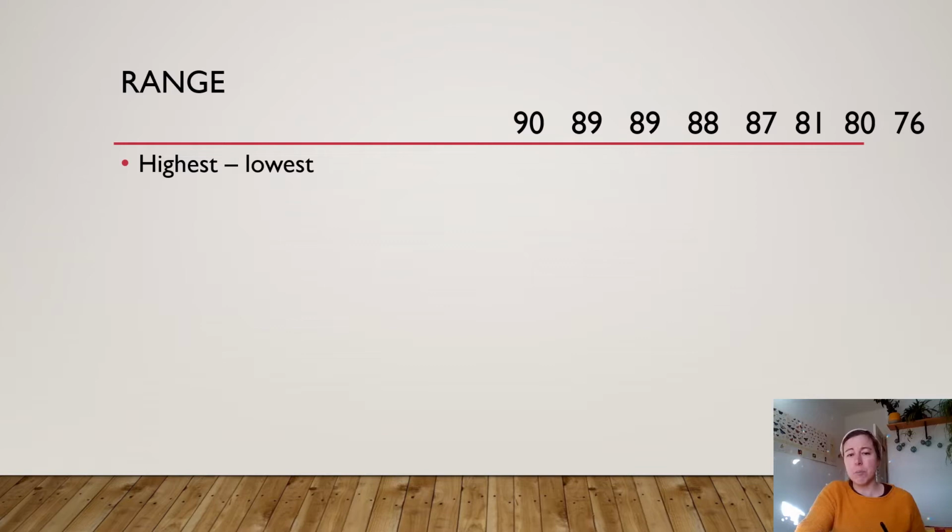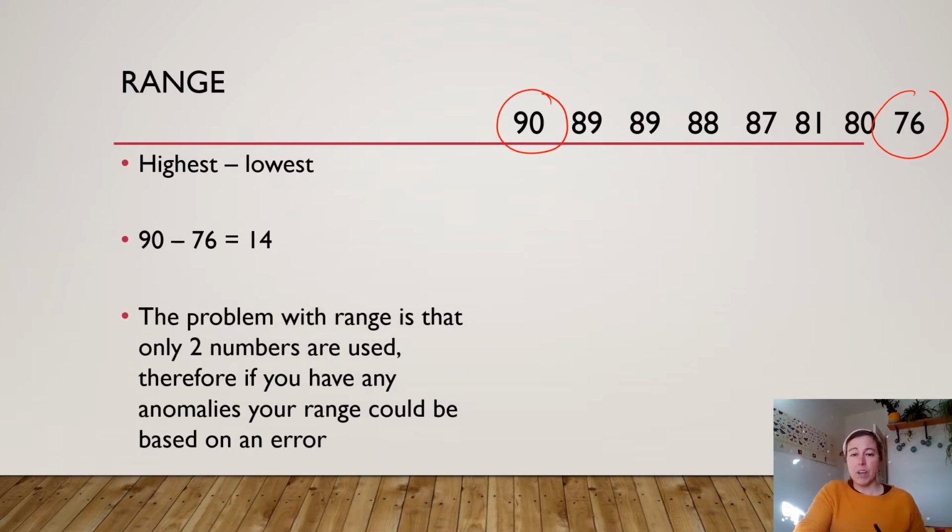So range, it's pretty easy. We're taking our highest number and subtracting our lowest number from it. Right? So our range is 14. The problem with this is it only tells us the difference between the highest number and the lowest number. That's fine when all the numbers are really close together, but if you notice, 76 is 4 numbers away from 80.